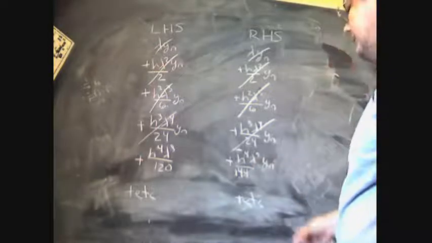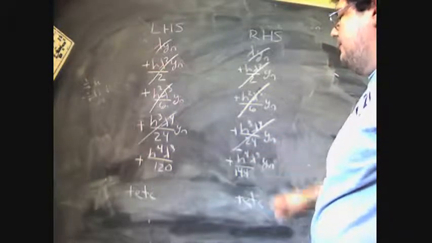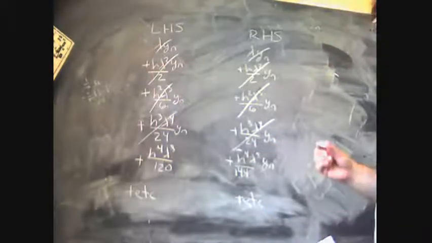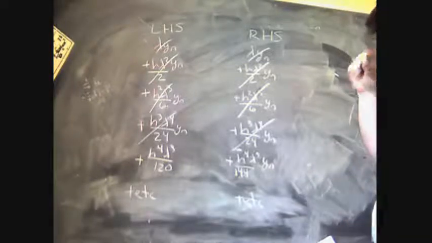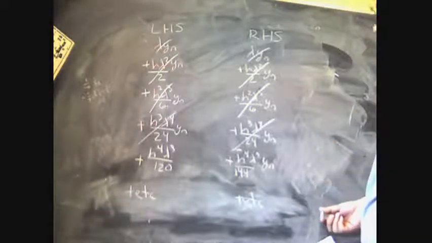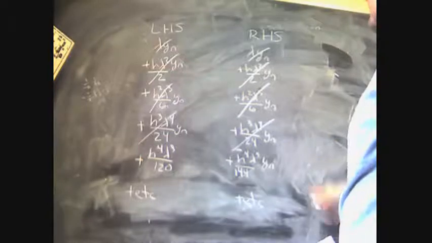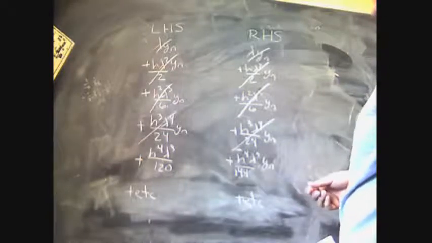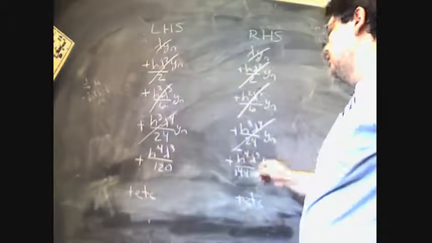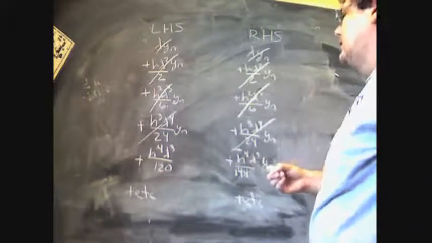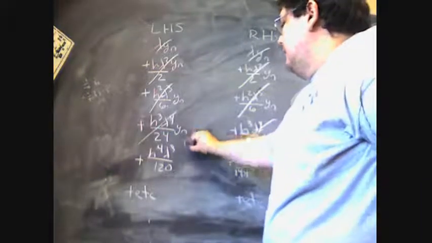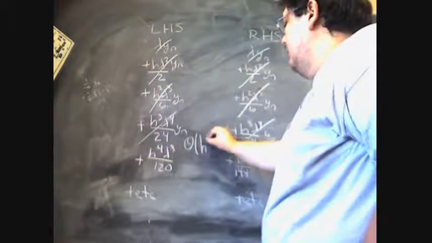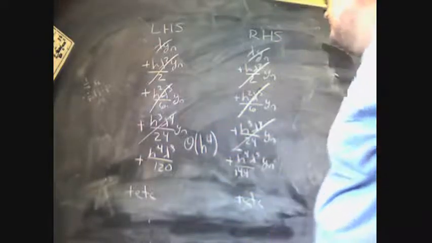So we have to go up to the h to the 4th power in order to have a discrepancy between the left hand and right hand formulae. So what this means is that for a given step size h, we should expect our error to be on the order of h to the 4th.